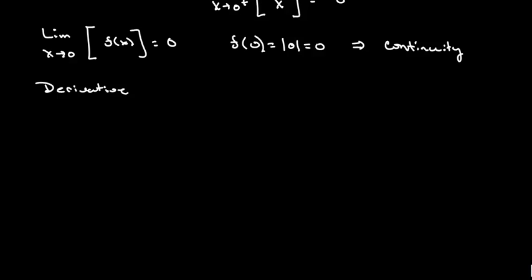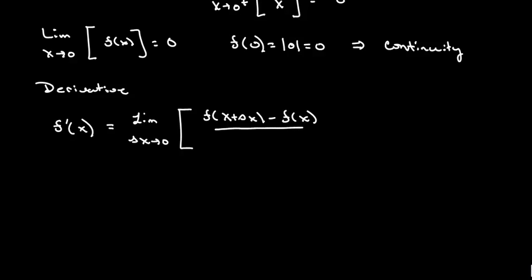So the derivative, if you remember, f prime is equal to the limit as delta x goes to 0 of f at x plus delta x minus f of x over delta x. Now the x value that we're considering is x naught.